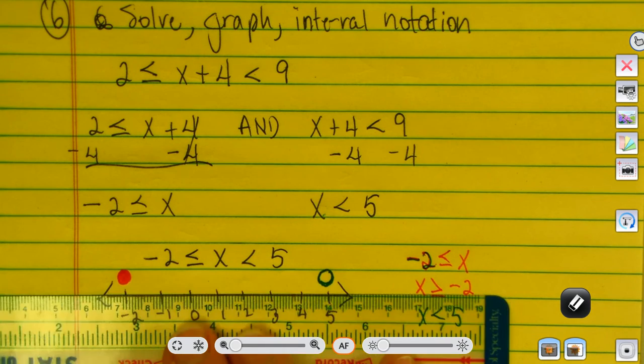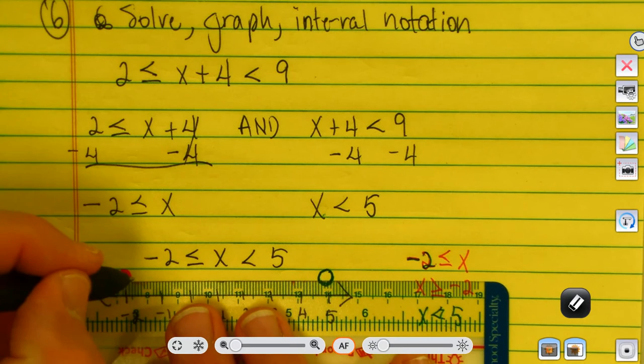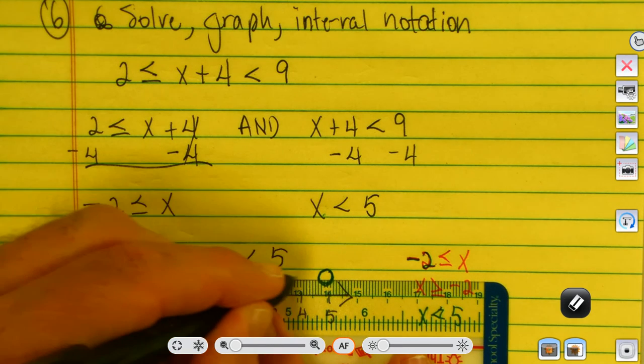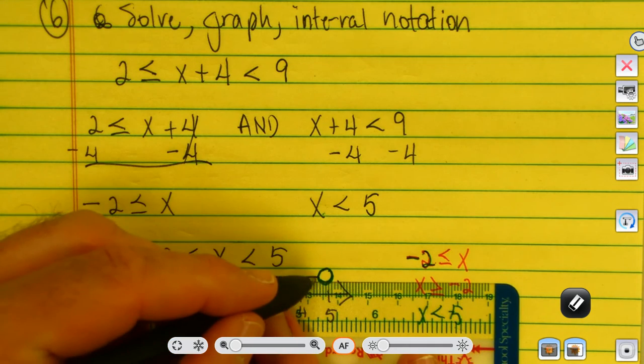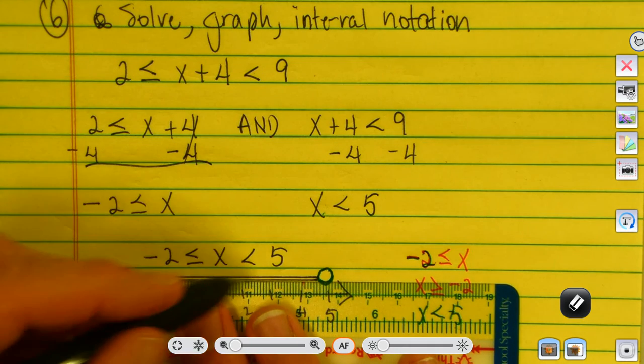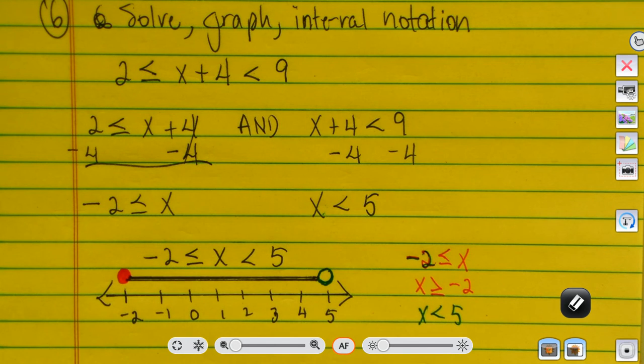What that looks like is any value, because it's an and statement, between and including negative 2 and all the way up to but not including 5 is the solution. And compound inequalities will tend to have that look, where it's a segment with an endpoint on each end.